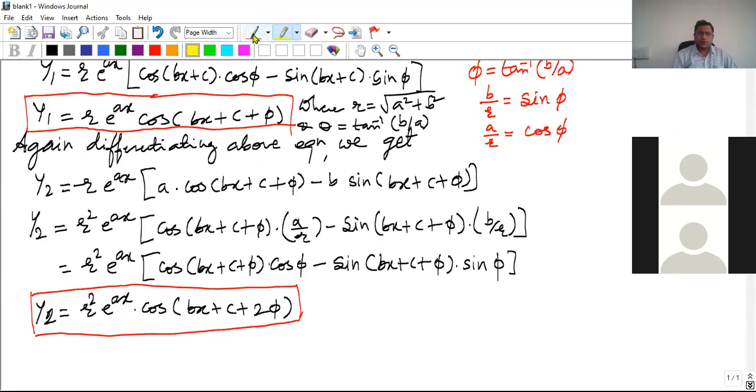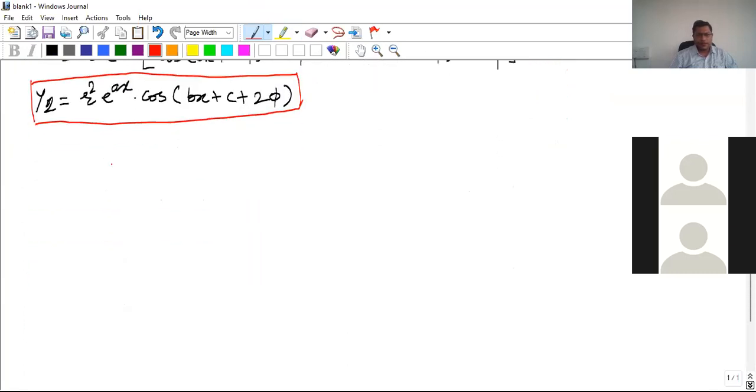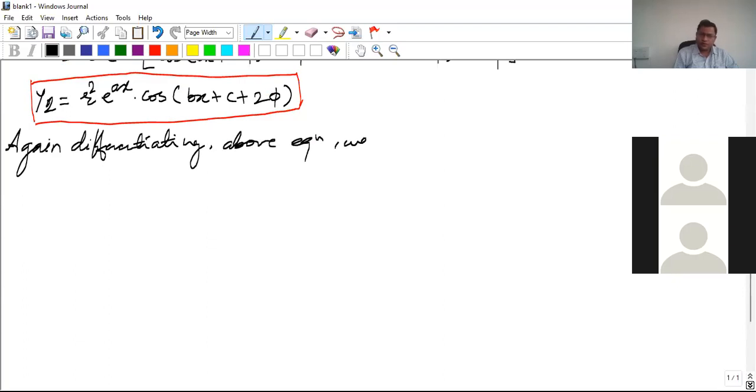Okay. Now, if we have the first order derivative and the second order derivative, now we can go for the next. So what we have to do is, again, we have to differentiate. Again differentiating the equation, what are we able to get? y3.